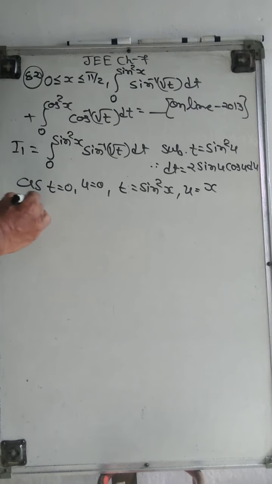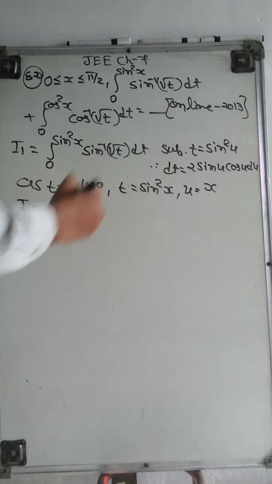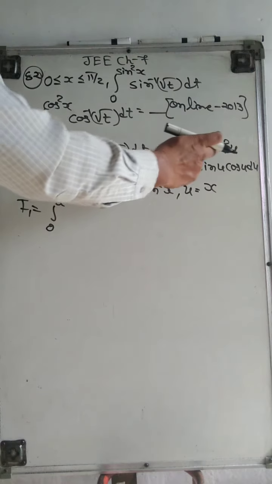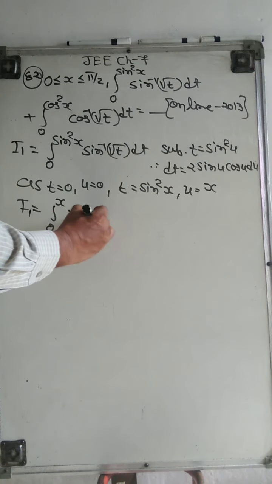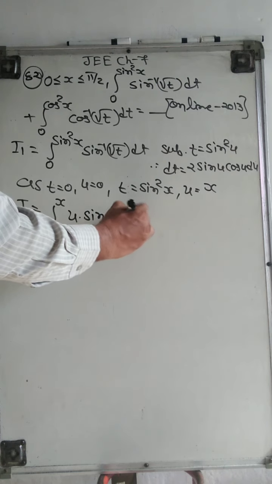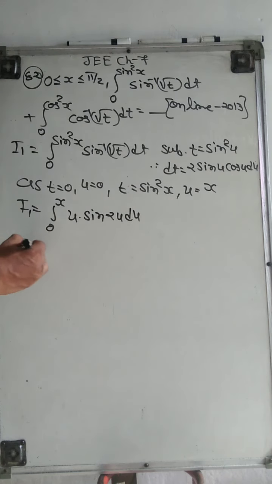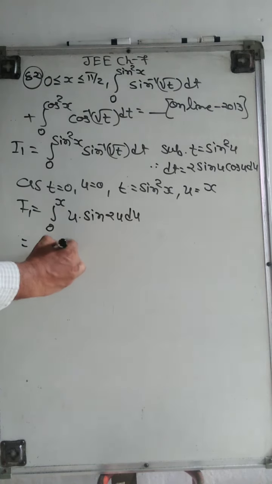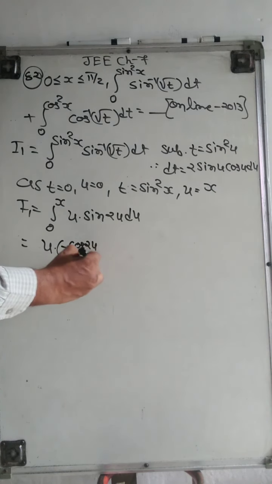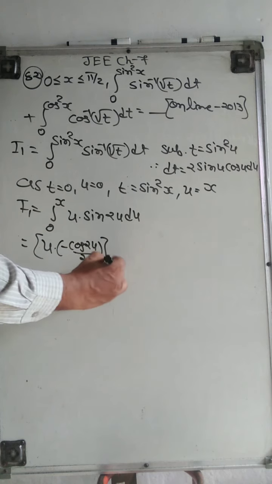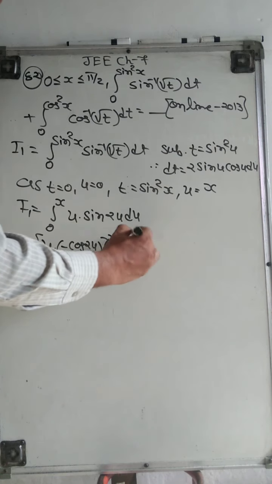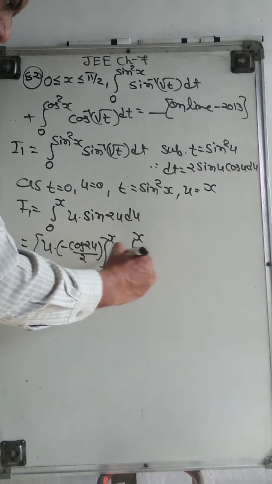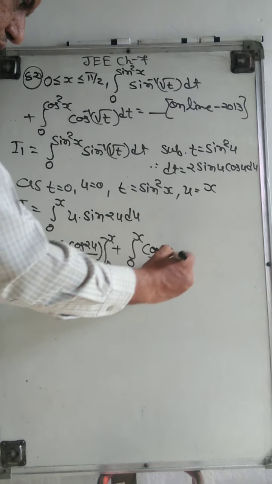Now we take I1 is equal to the integral from 0 to x, and then simplification. Here we get u into sin 2u du. Now here we apply the partial law: first as it is, integration of second, 0 to x, minus the integration of the derivative of first, integration of second, which means cos 2u by 2 du.